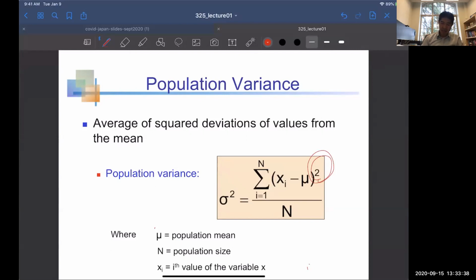The unit of X is the Canadian dollar. So what is the unit of the variance? Is it the Canadian dollar? What about the square? If we take the square, it's dollar squared.